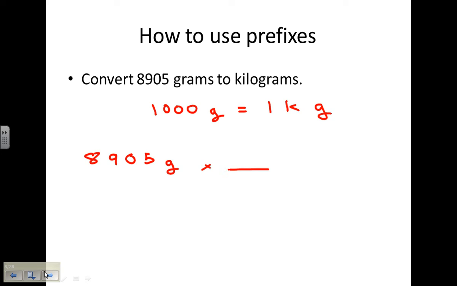We're going to divide by 1,000 grams, and we're going to multiply by 1 kilogram. The grams cancel. You move your decimal, and we end up with 8.905 kilograms.